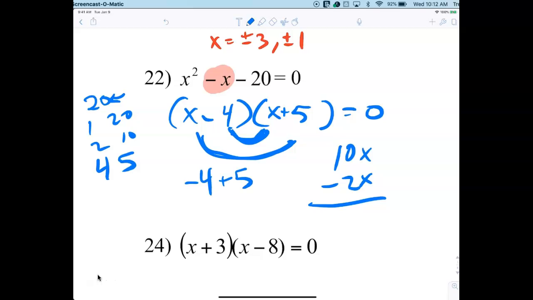Does that equal negative 1? Or does it equal positive 1? Right. So you'd have to change it to plus 4 and minus 5. Now, unfortunately, that's how you do it. That's how you have to do it. There's no way around it.